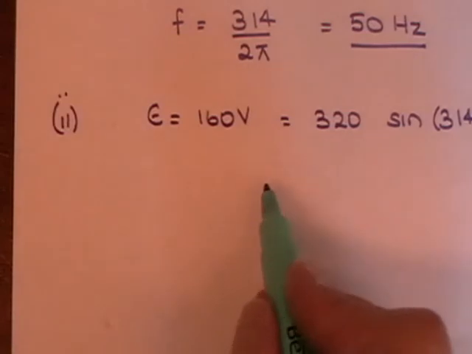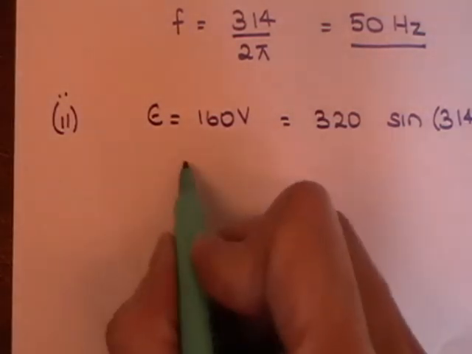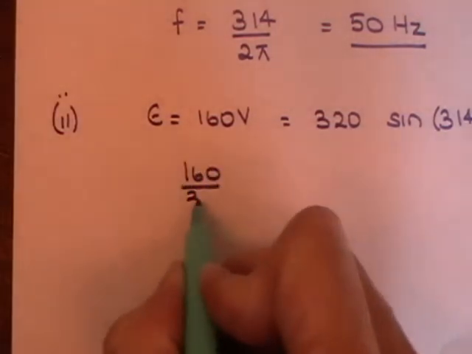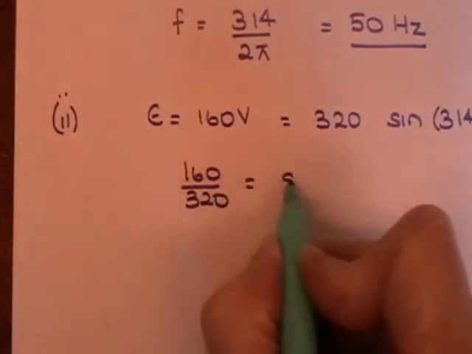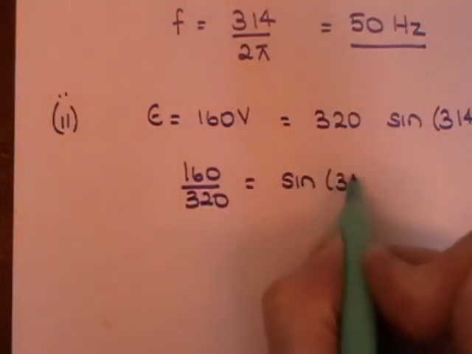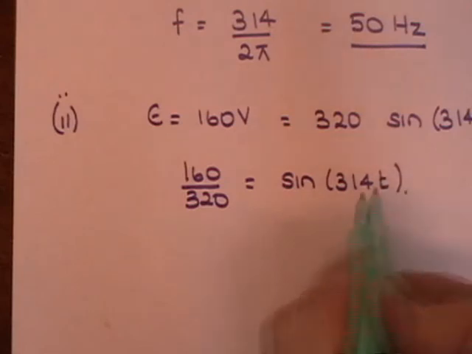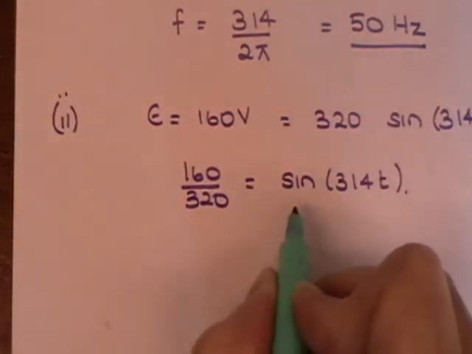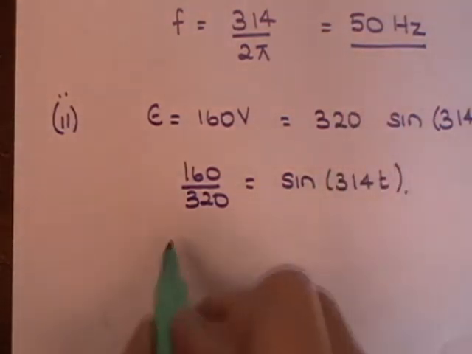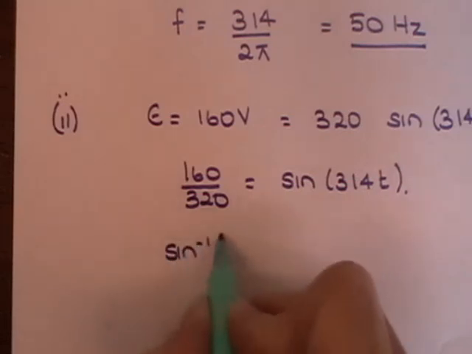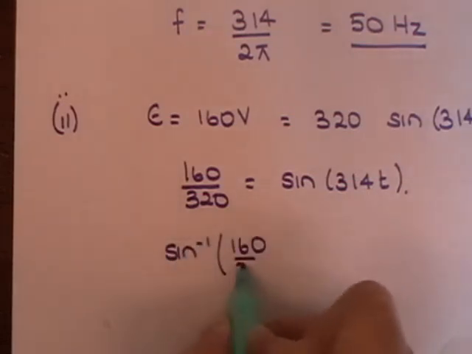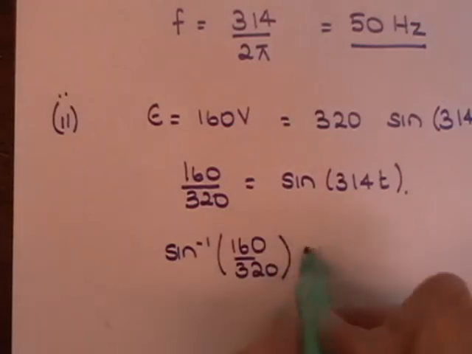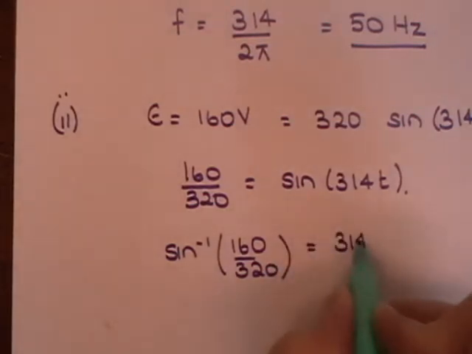So you're going to have to do a bit of rearranging here. So 160 divided by 320 is equal to the sine of 314t. And be very careful, your calculator has to be in radians to use this equation. Sine to the minus 1 of 160 over 320 gives you 314t.